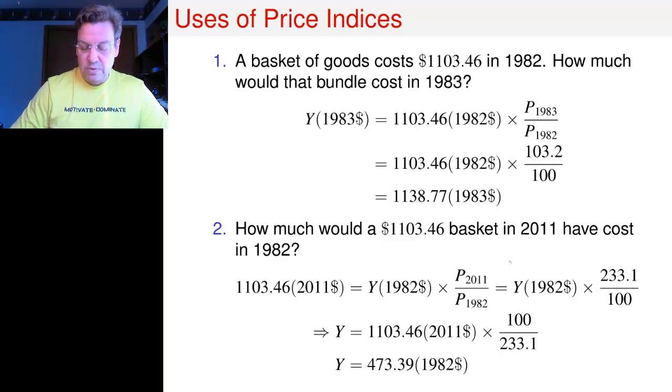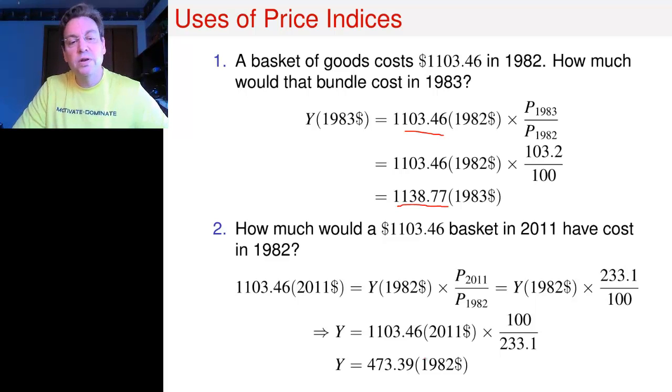To do that, we take the expenditures in 1982 and multiply them by the ratio of the price index in 83 to 82, and that then gives us that in 1983, to buy that same basket of goods, you would have to spend $1,138.77. And then you can work backwards also. Suppose that this same basket in 2011 costs $1,103.46.